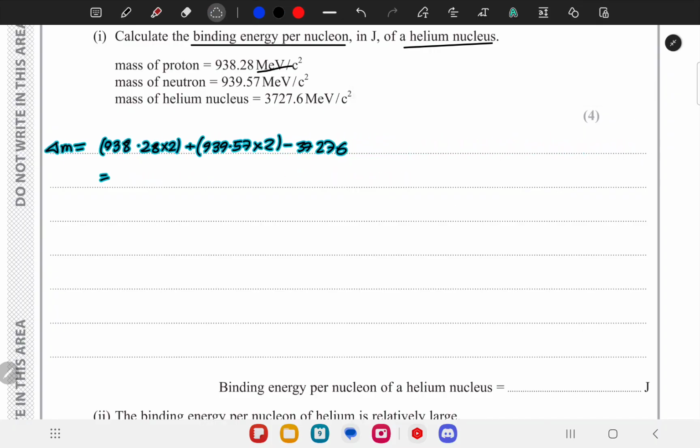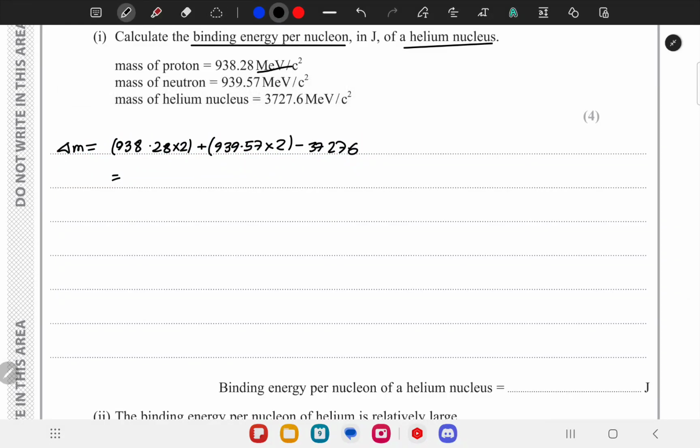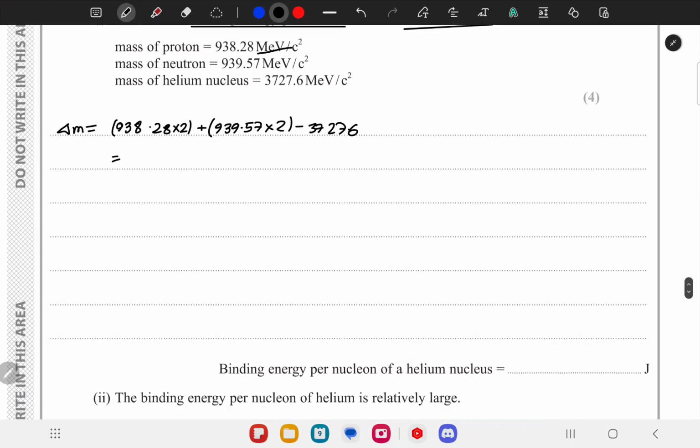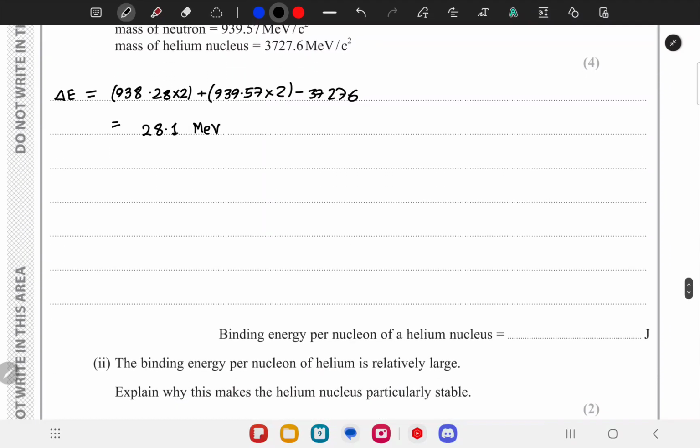We can directly find the energy in mega electron volts. The total binding energy in mega electron volts, if we calculate this, we'll get 28.1 mega electron volt per c squared. The change in mass is equal to the change in energy, or the binding energy. This is the total binding energy.